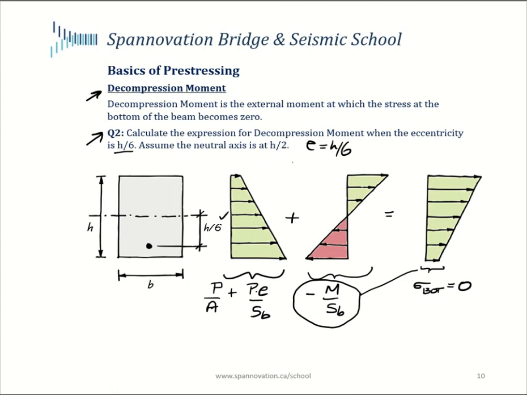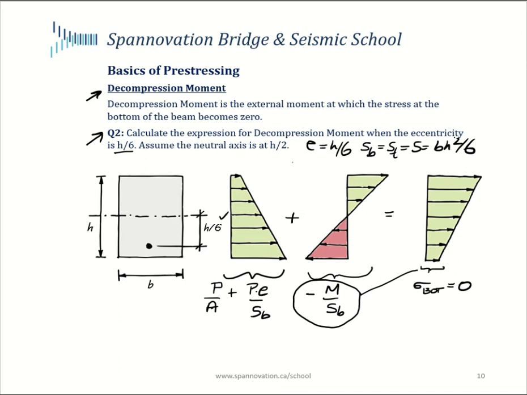The implication of the second assumption is that the section modulus of the bottom becomes equal to the top, equal to S, and that we know for a rectangular section would be bh²/6. Okay. To calculate the decompression moment, what we've got to do is set this expression for the net stress of the bottom fiber equal to 0.